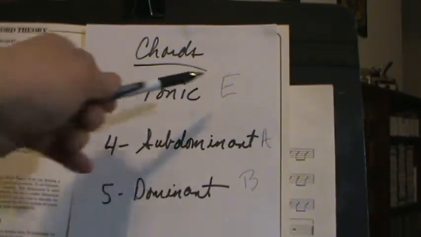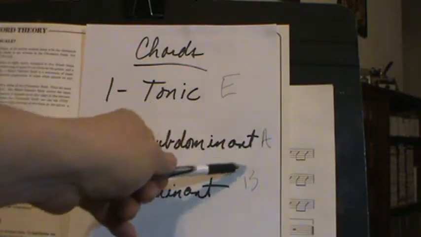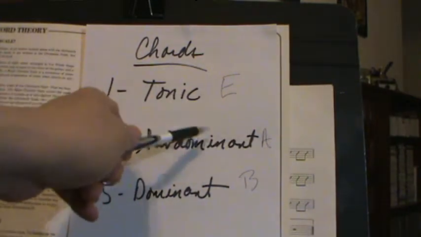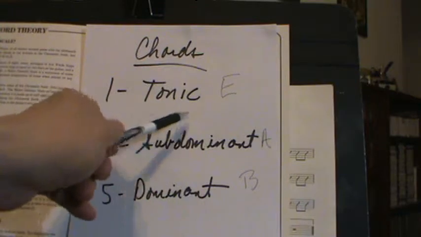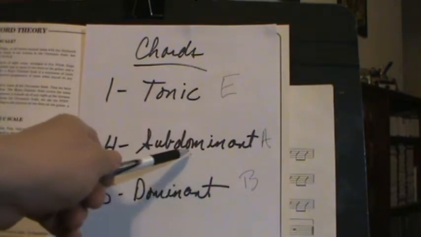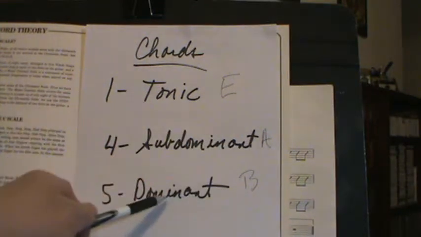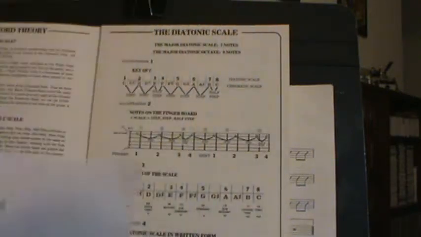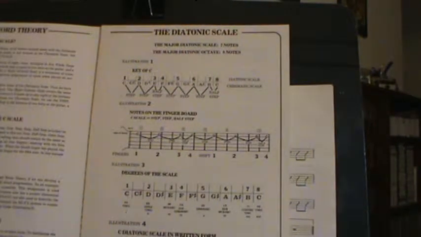I don't know if you could see that, but I wrote E, A, and B. E is the tonic, 1, A is the subdominant, 4, B is the dominant, 5. You use this method and you're good.